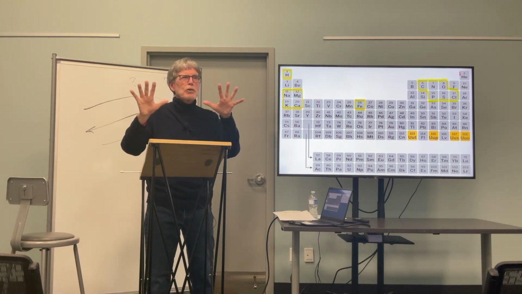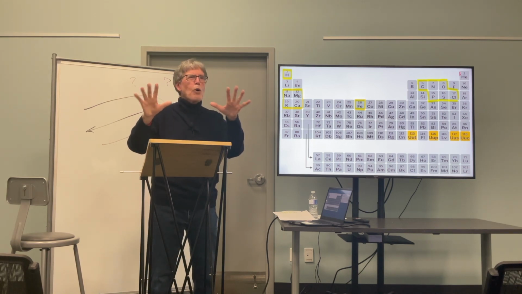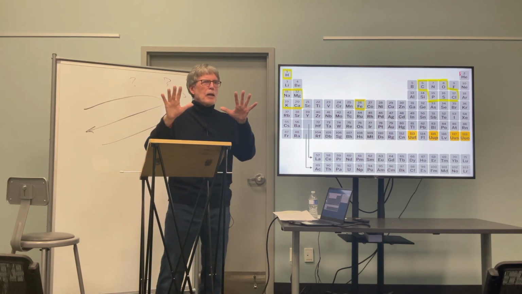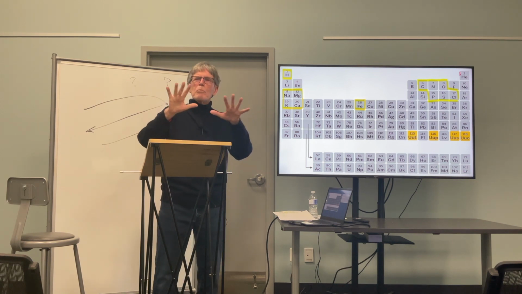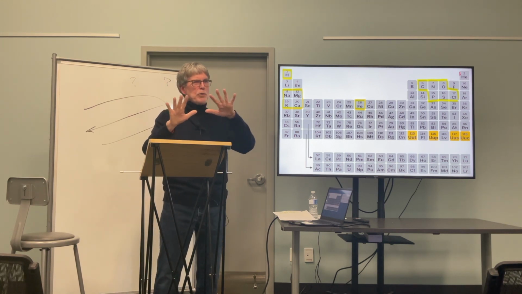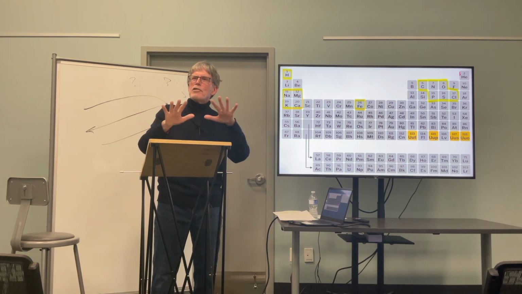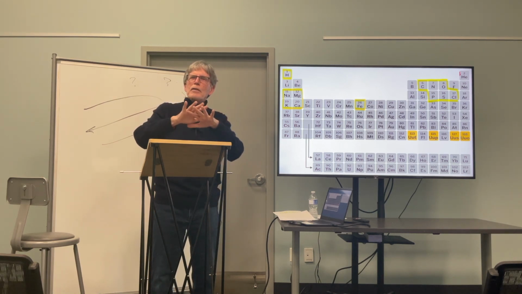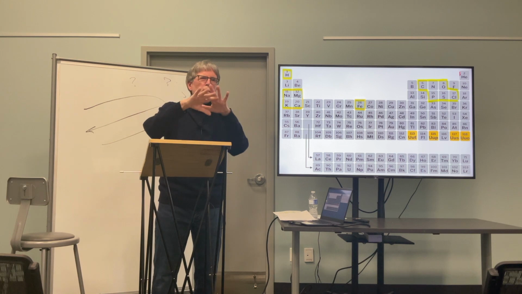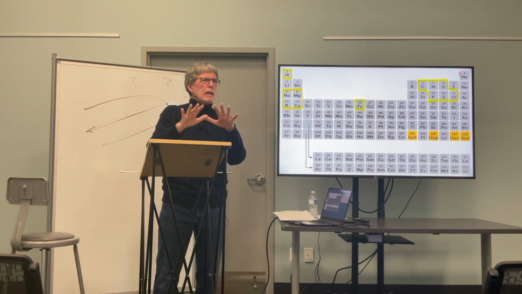Carbon wants to share electrons or borrow electrons from other atoms. So when you look at molecules, what you're really looking at is a marriage between different elements and sharing electrons. Each of them trying to fill out their outermost orbit as completely as they can. That's what's happening. In a nutshell, that's what's happening.